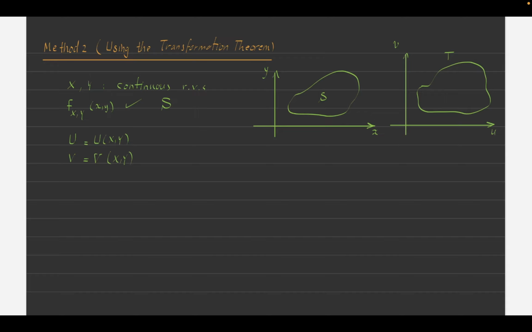What guarantees that this transformation is invertible is that the Jacobian is actually not equal to 0. Okay, now the question is that if I know this joint probability distribution, how can I systematically find the probability distribution for these two new random variables? So let me write it in this form.